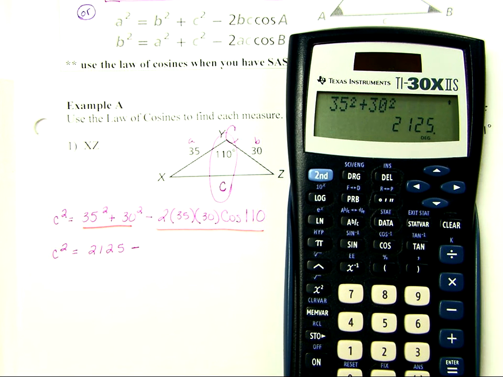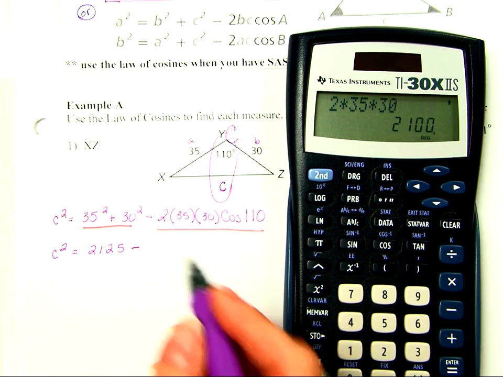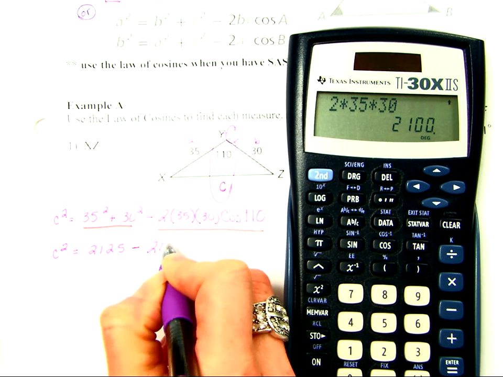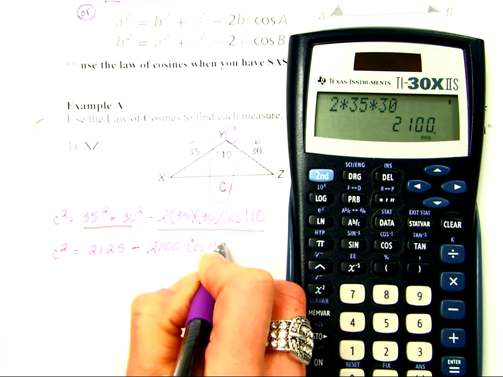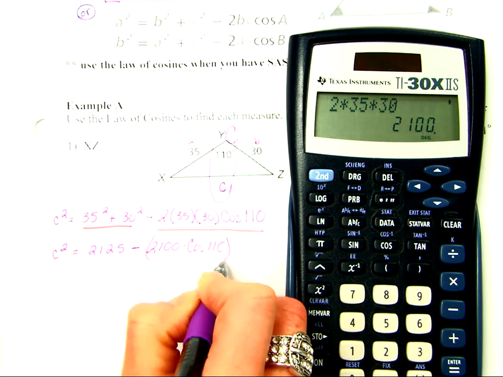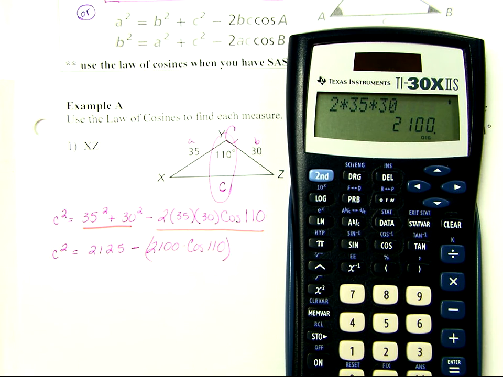2 times 35 times 30 times the cosine of 110. Actually, we're going to take 2 times 35 times 30. And I'm going to write that down as 2,100 times the cosine of 110. And the reason I'm doing that is because I don't want to have to give a rounded answer.